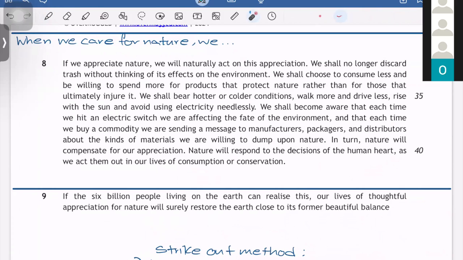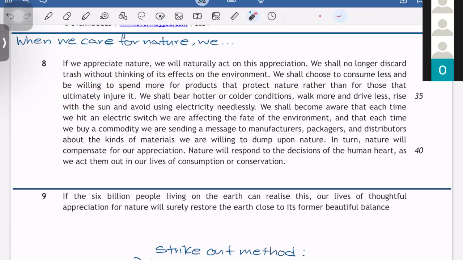If they are not related to the information I want, I strike it out. So here, if you appreciate nature, we'll naturally act on this appreciation. I'm keeping this. We shall no longer discard trash without thinking of its effects on the environment, still keeping as well. And then they talk about what actions they would do to protect the environment.